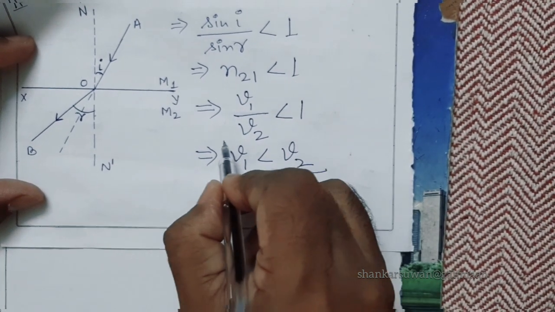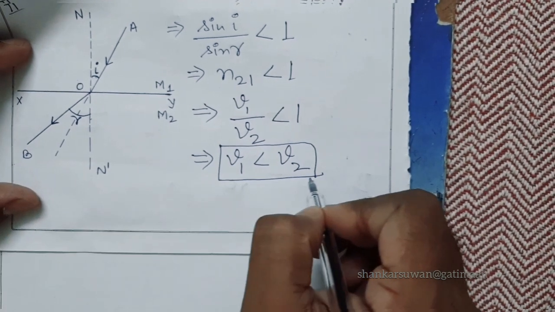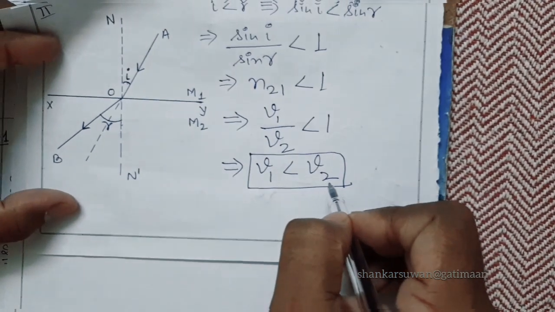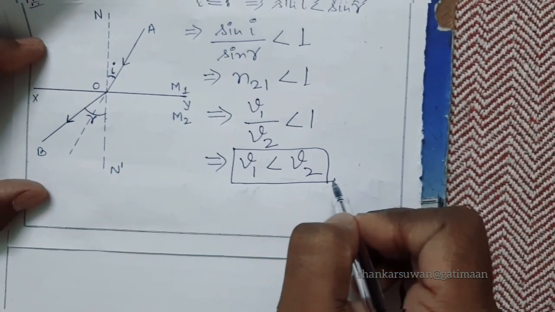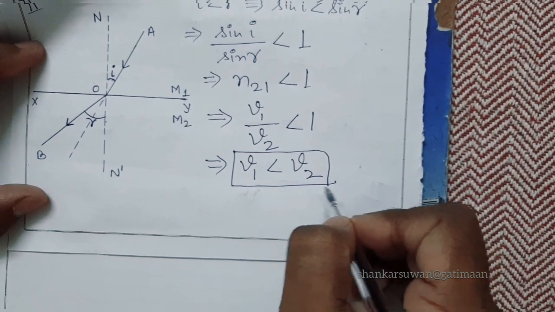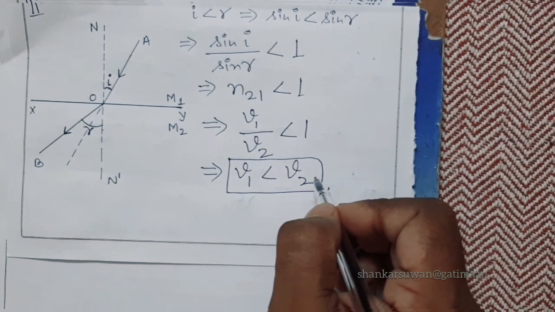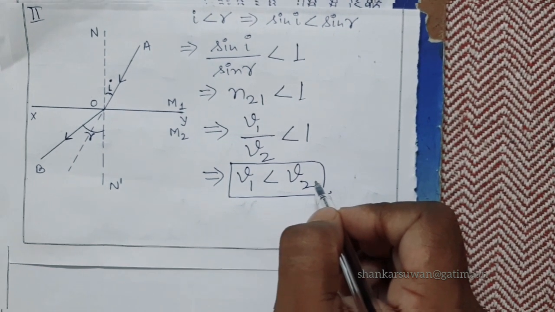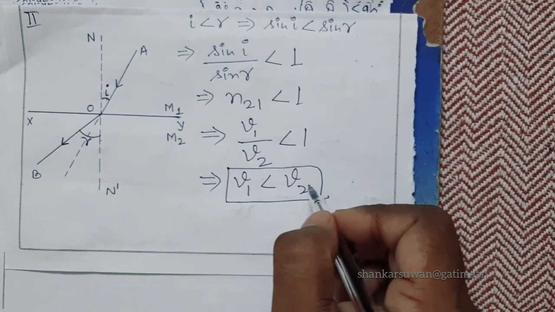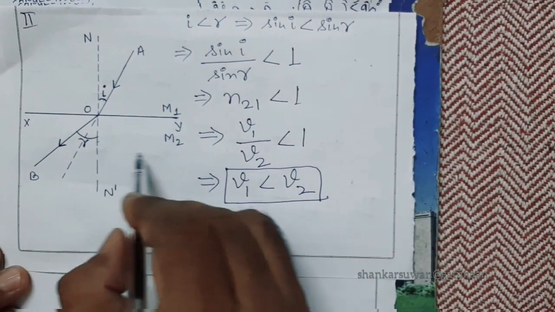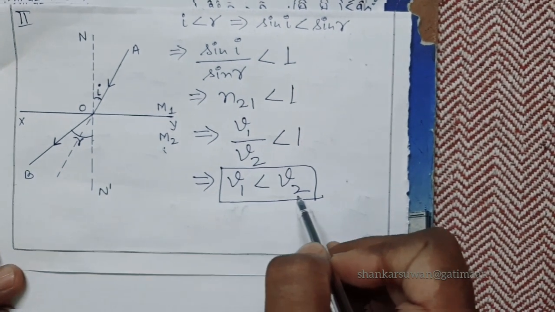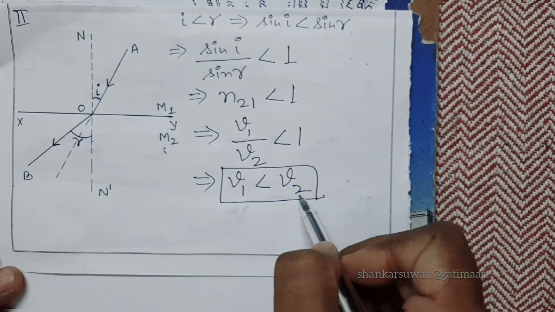Only by seeing this relationship, we can find which one is the denser medium and which one is the rarer one. Now, the medium in which the speed of light is more is the rarer medium. So, this will be medium 2, because V2 is the speed of light in medium 2.